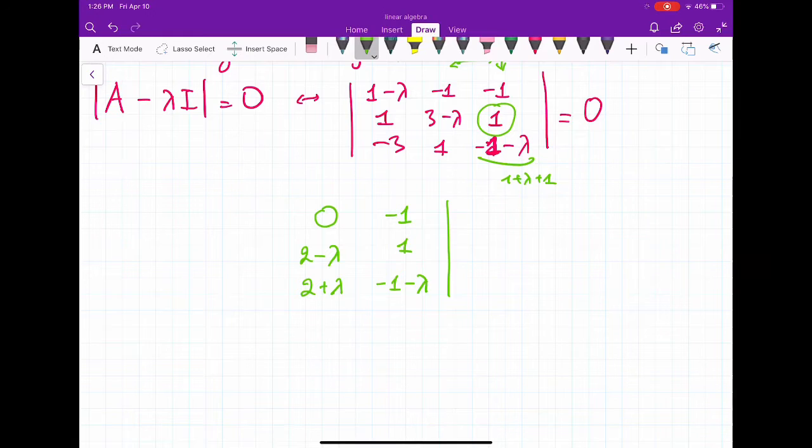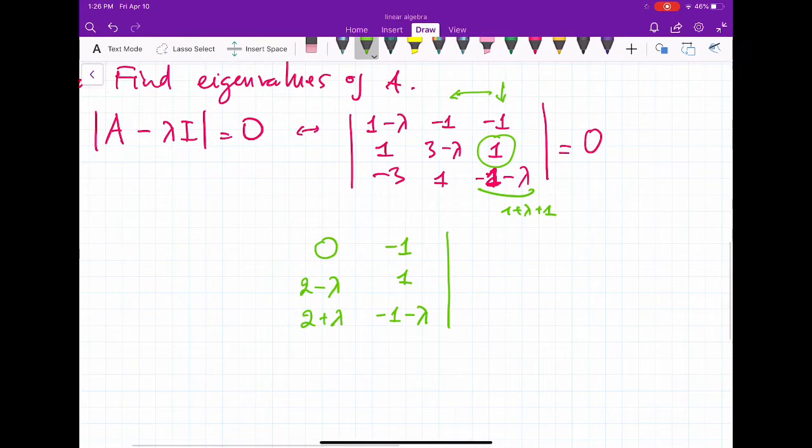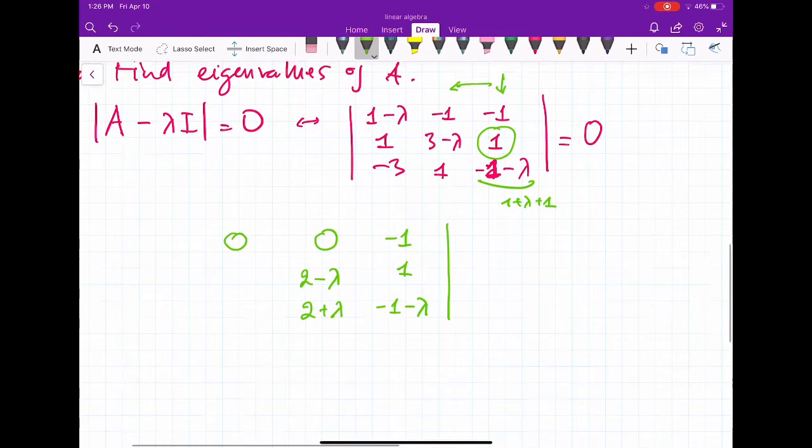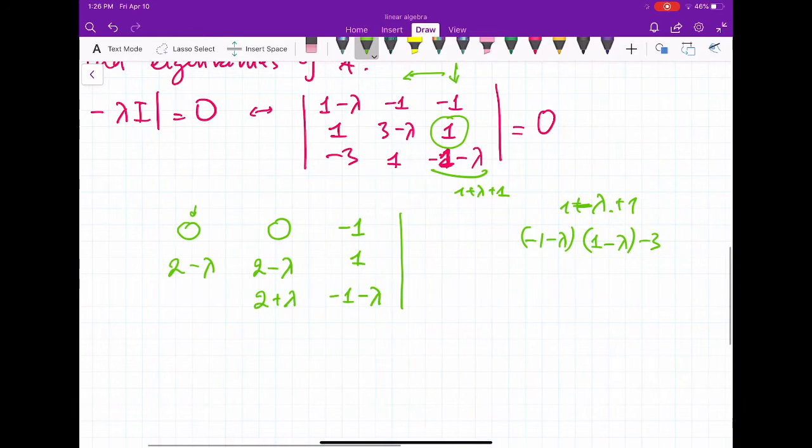Make sense? And then I multiply the third row by 1 minus lambda and add to the first, the third column. So I have 0 right here, and 1 with 1 minus lambda plus 1 is 2 minus lambda, and then negative 1 minus lambda times 1 minus lambda, and minus 3. Let me simplify this.